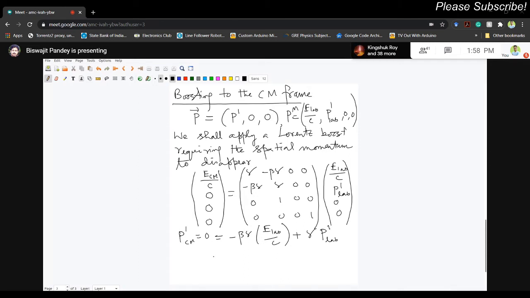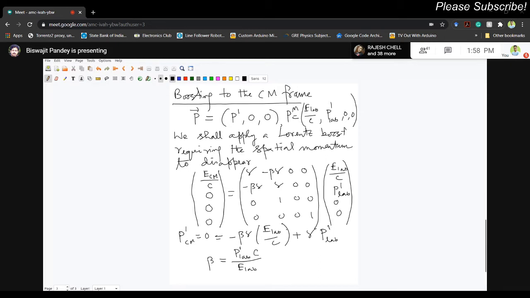So clearly this is 0, so beta will be P lab 1, X component of momentum, times C divided by E lab. This is the magnitude of the velocity with which you should boost your frame to get the center of momentum frame.